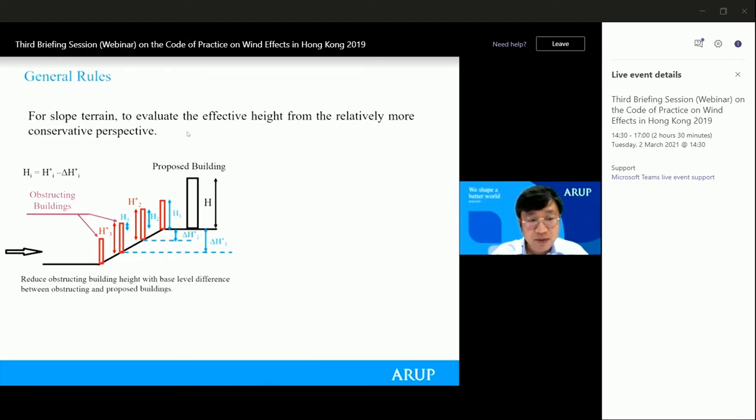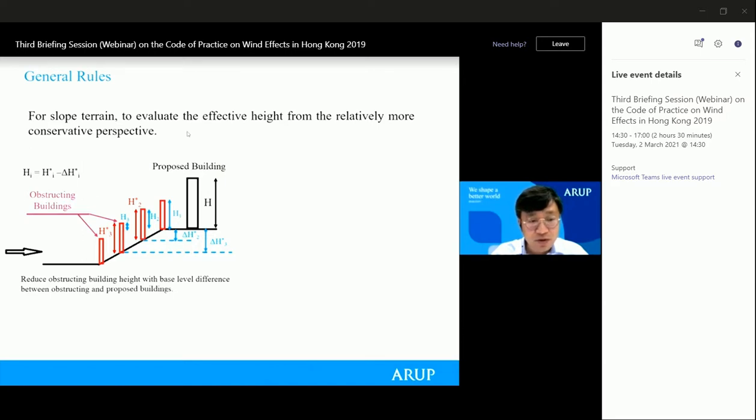If considering that, the obstructing building height will be the same as the actual building height. The second is if we assume the wind blows horizontally. In that case, the obstructing building height will be smaller than the actual building height.